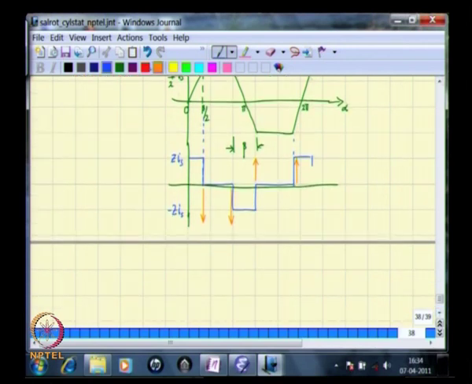So the impulse function would be described as minus ZIS into delta, and the impulse function occurs at an angle beta by 2 and therefore it is alpha minus beta by 2.